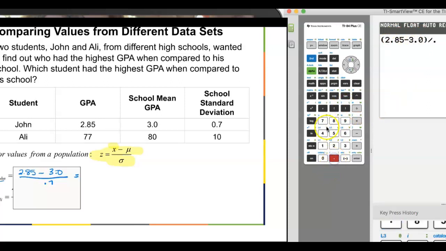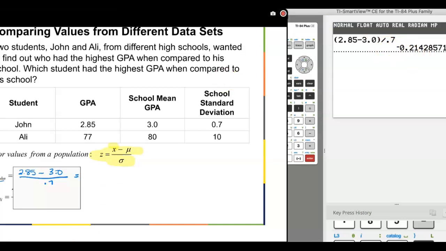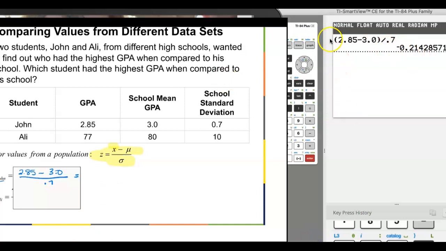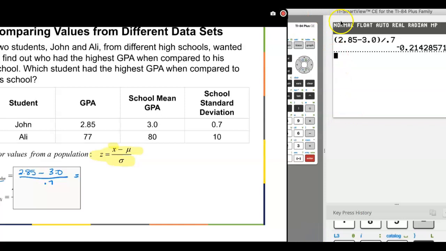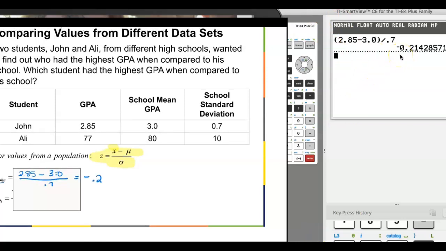So divided by 0.7, enter. I'm just going to round it to 2 decimal places. In your homework, just watch what it tells you. So we have negative 0.21.